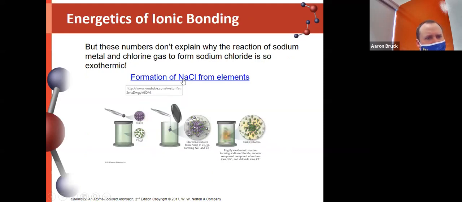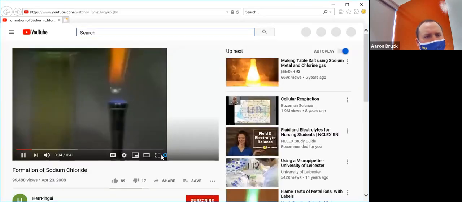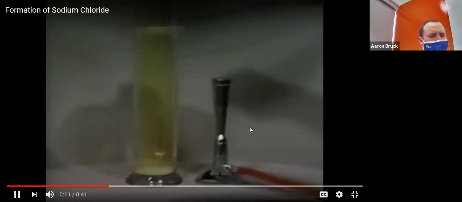And if I look at the reaction itself in action, sodium metal is heated until it melts and just begins to burn. Then it is immersed into the yellow-green chlorine gas.